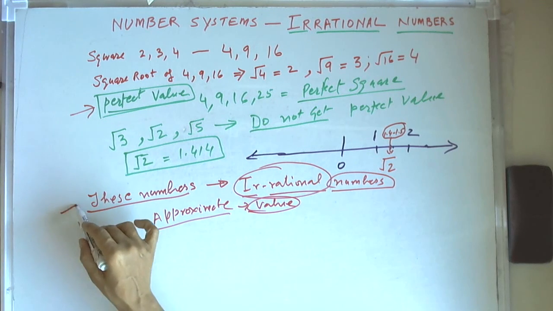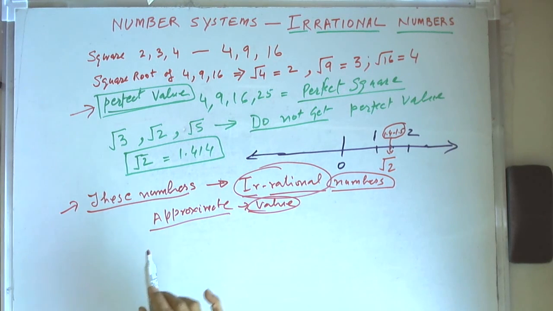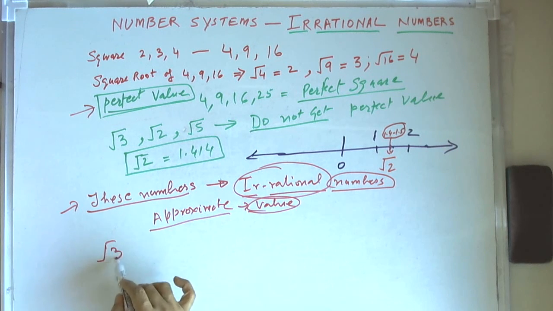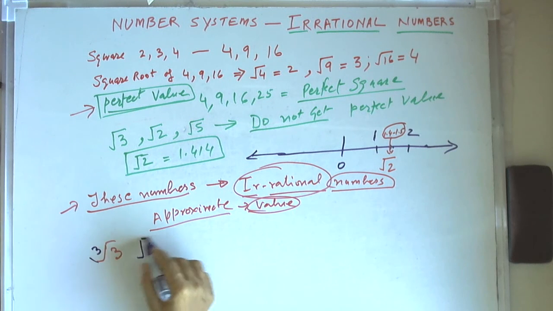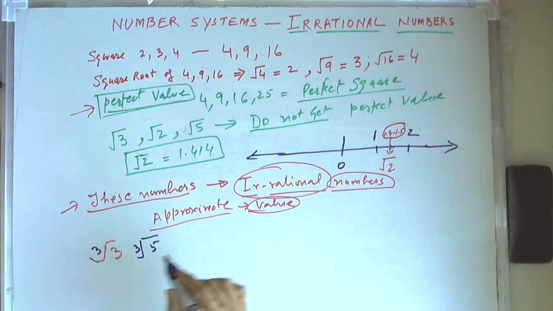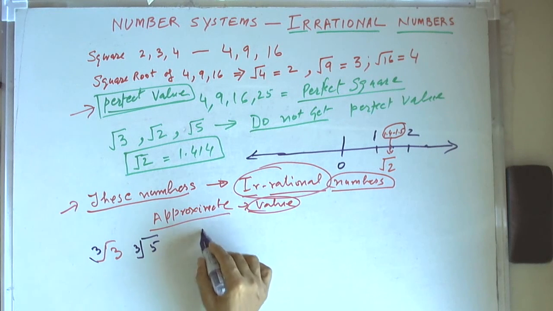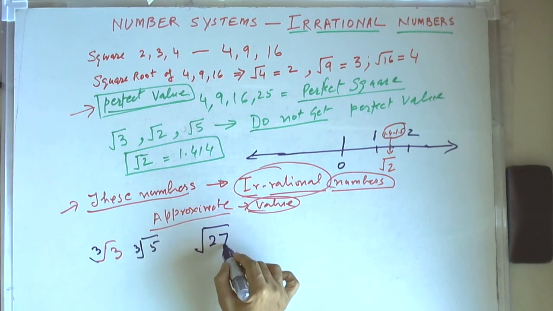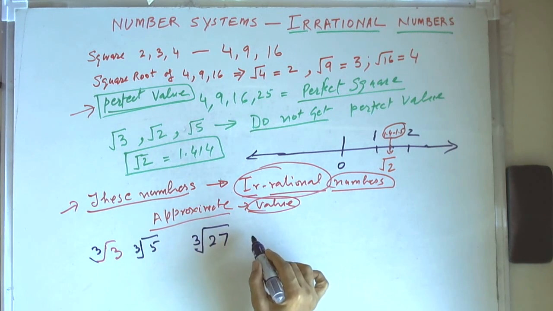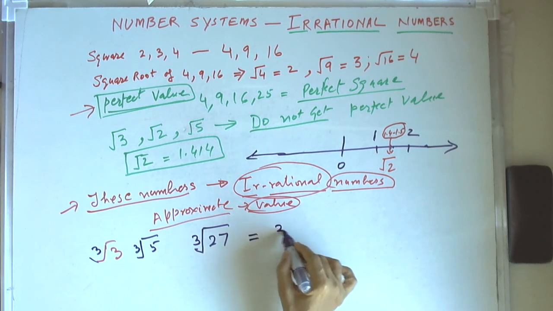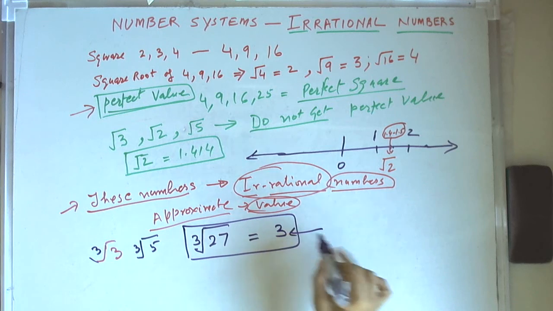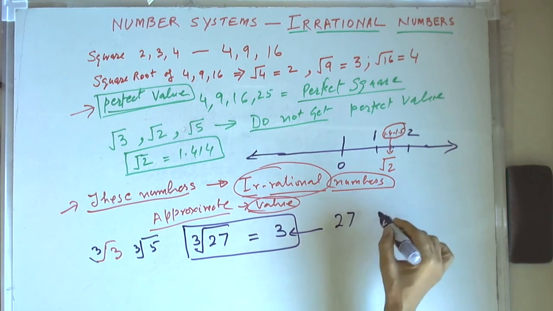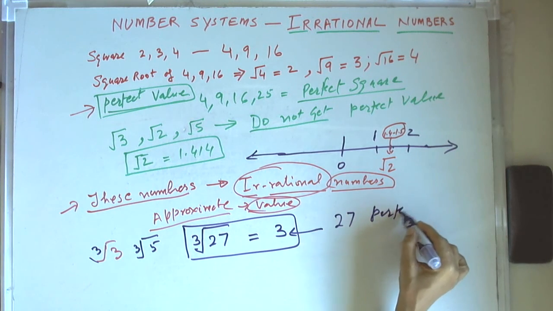The other example of such an irrational number is under root 3, cube root 3, cube root of 5. Whereas cube root of 27 is 3. So this is a perfect value, and that is why 27 is called a perfect cube.